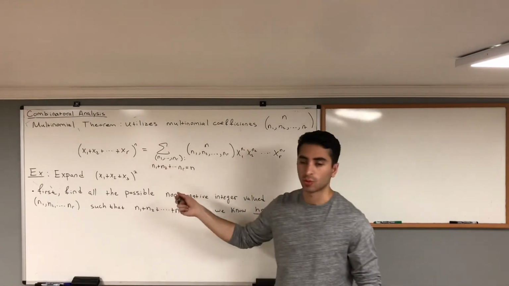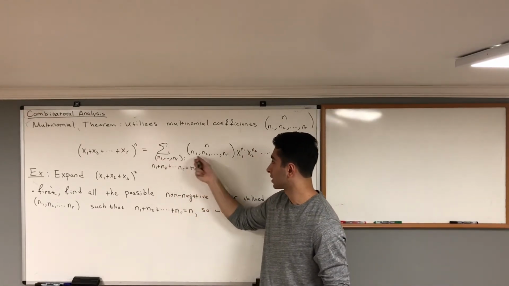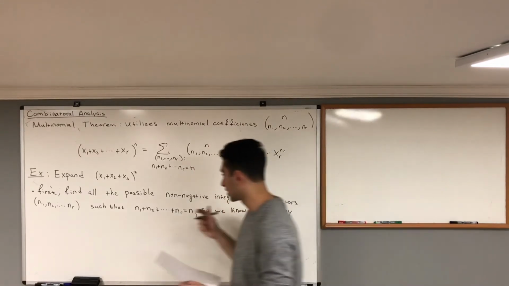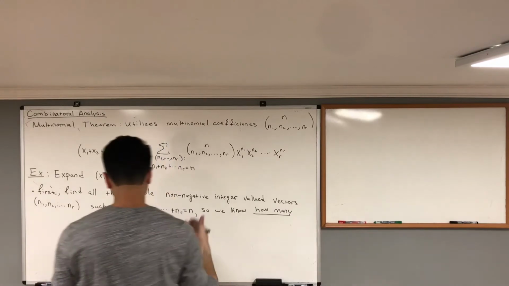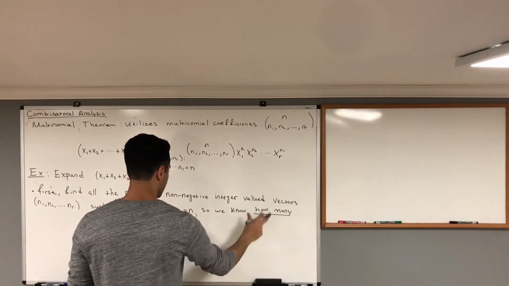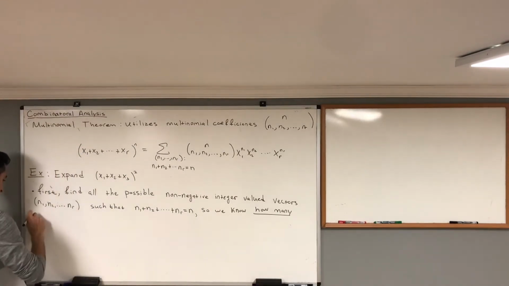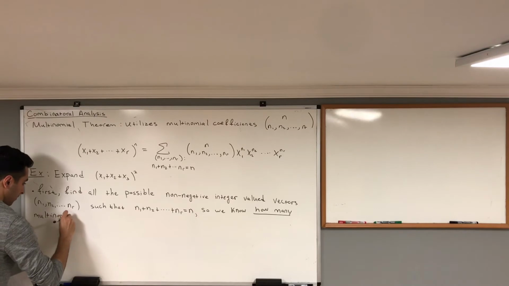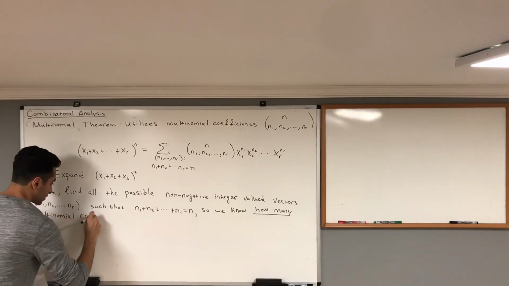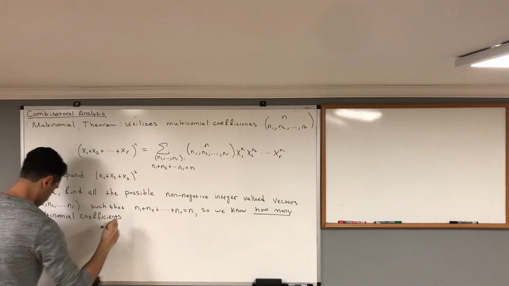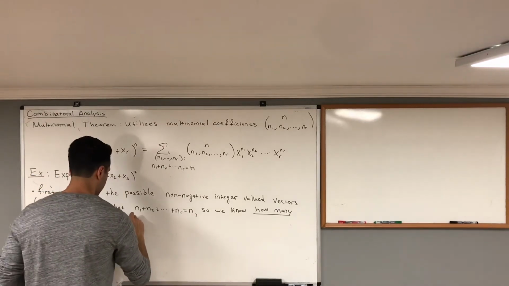So, in this case we won't, but we'll have more than one and then we'll have to sum over those different multinomial coefficients. And if that's still confusing, don't worry, once we get through it, you'll see what I'm talking about. So we know how many multinomial coefficients there are.